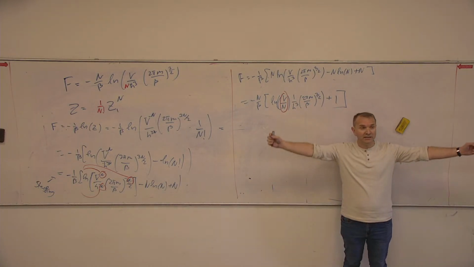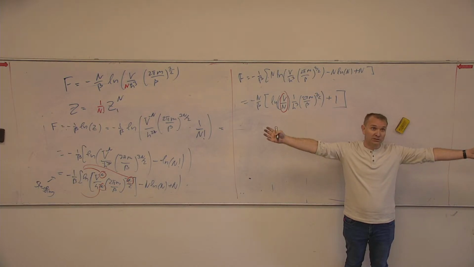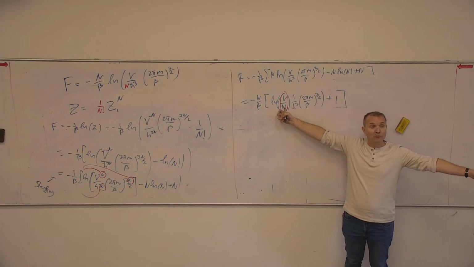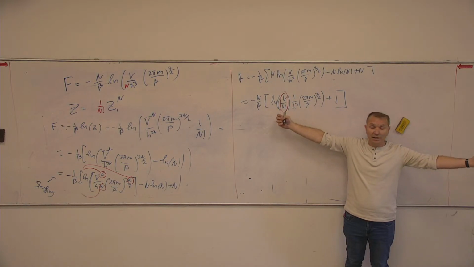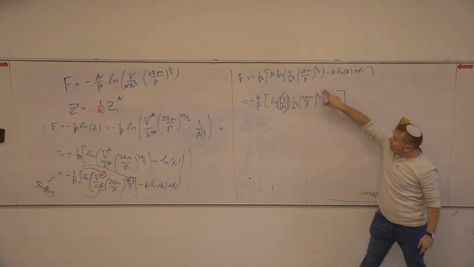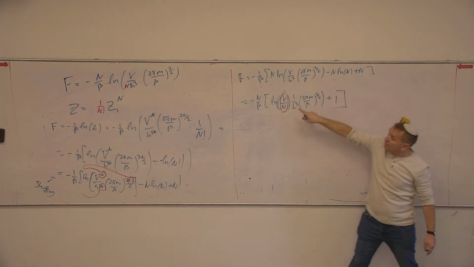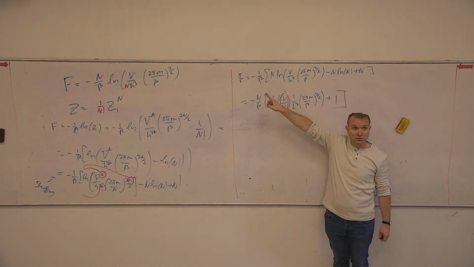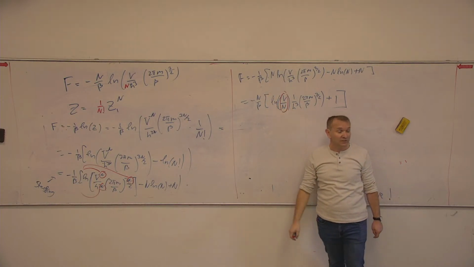So any increase of the volume by a factor lambda will be cancelled out by an increase of the number of particles by the same factor lambda. So this will cancel out. So if we increase the size of the system by a factor lambda, the free energy will also be increased by a factor lambda, right?